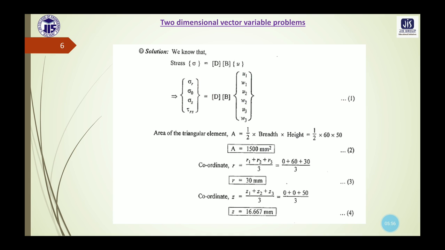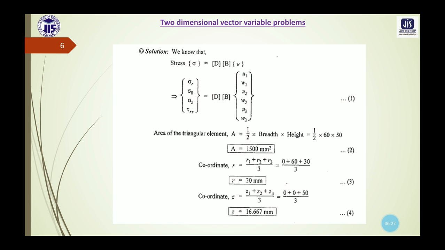So here we can write equation number 1, the column matrix of sigma r, sigma theta, sigma z, and tau rz. Sigma r is the radial stress, sigma theta is the circumferential stress, sigma z is the longitudinal stress, and tau rz is the shear stress.